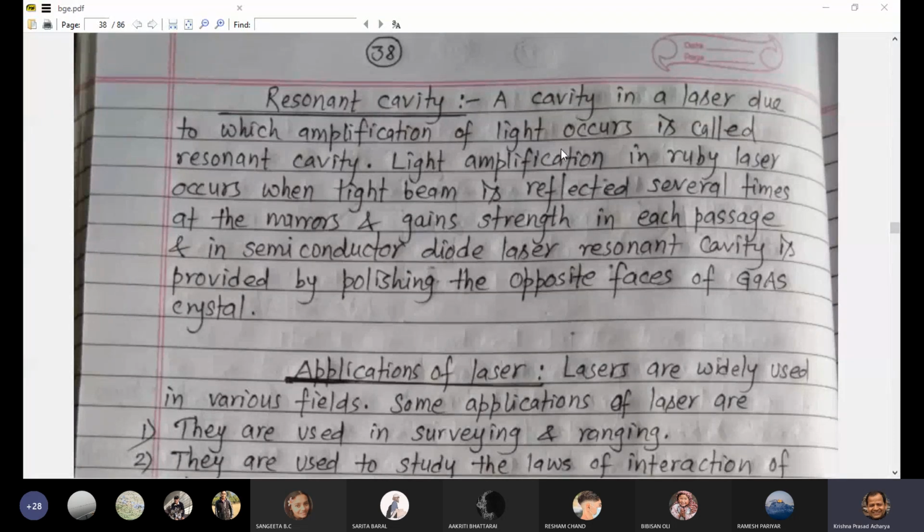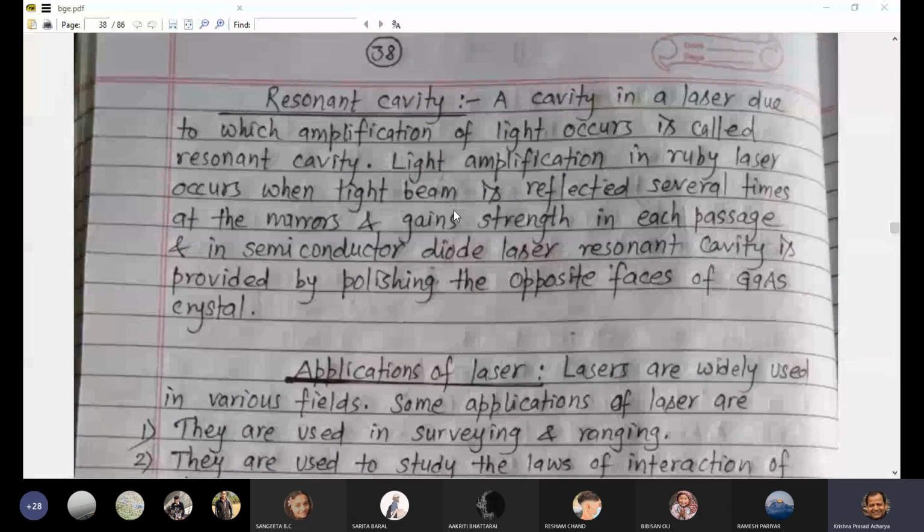That means amplification occurs. So in the case of ruby laser, light amplification occurs due to the mirrors, and the light beam is reflected several times.